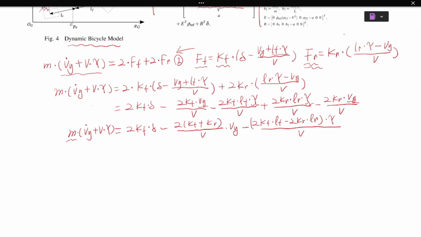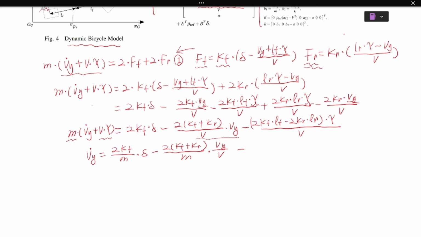Divide m on both sides, then move v times gamma to the right so that vy dot equals 2kf over m times delta, minus 2 times kf plus kr over m times vy over v, this term.